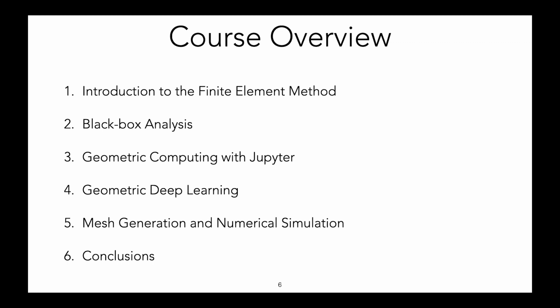Then there are going to be two major applications: one in geometric deep learning on how to generate the data sets and use them for training a network, and then the generation of meshes and numerical simulation targeting scientific computing and mechanical engineering applications. And then there are going to be some concluding remarks.